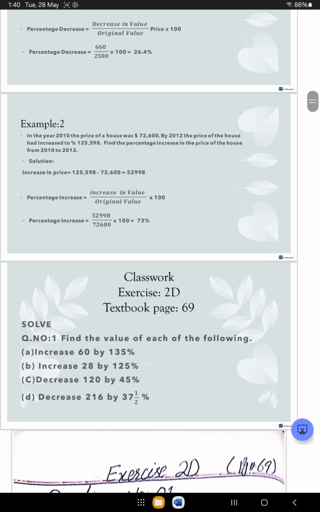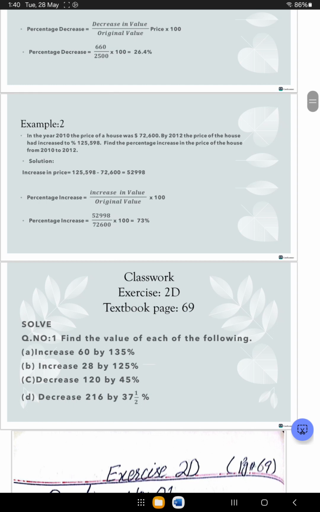First of all, we find the increase in price. Final value 125,598 subtracted by 72,600. Answer is 52,998.